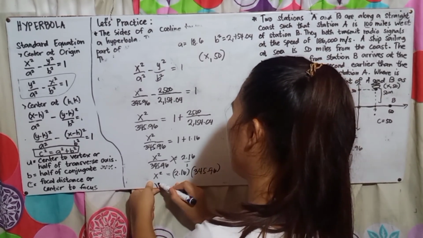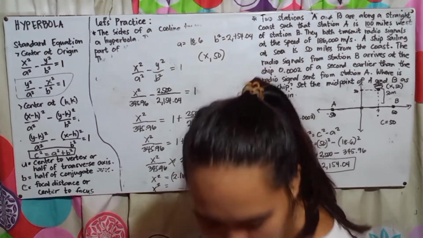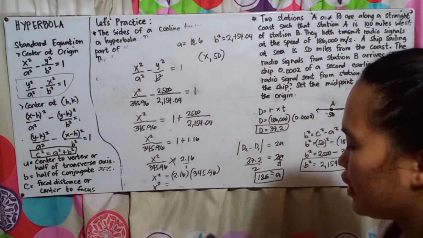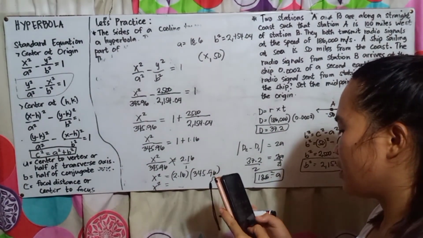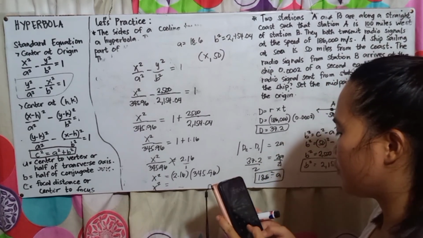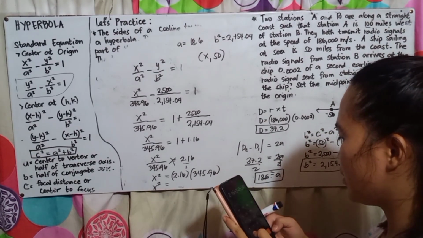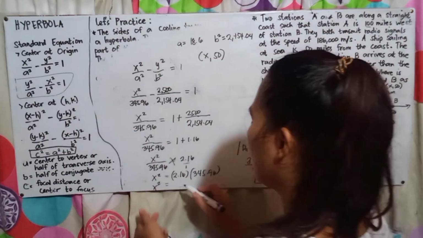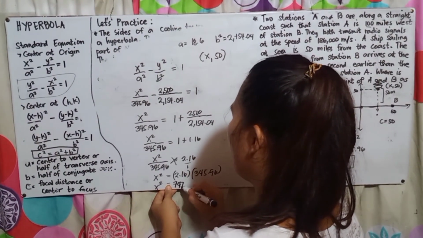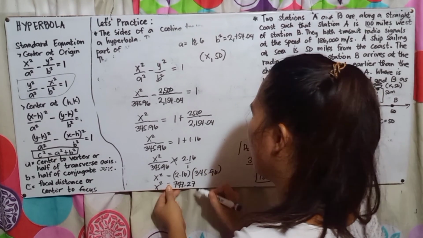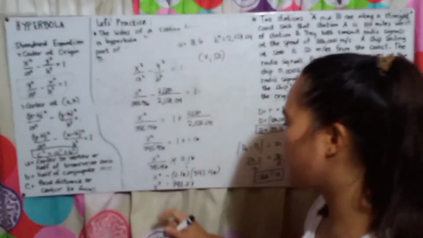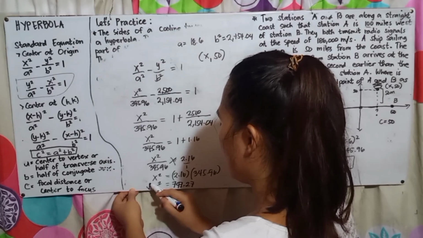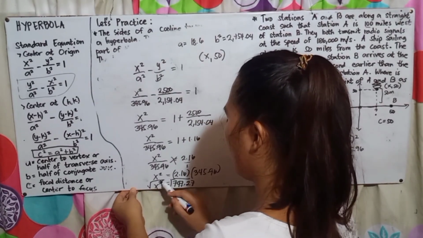So x squared equals 747.27. To eradicate the exponent, we take the square root.